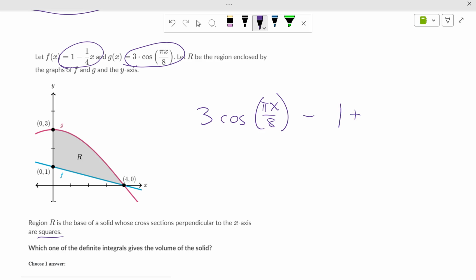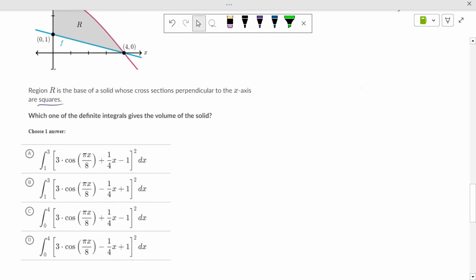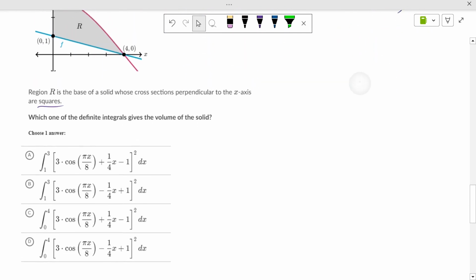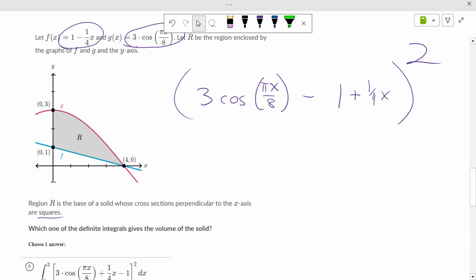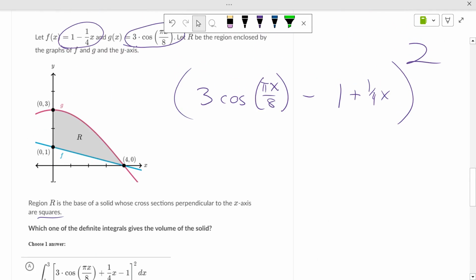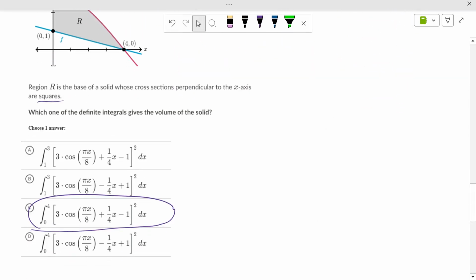So it's minus 1 plus 1/4 x, basically, squared. From 0 over to 4. So it would be this one? Yes, because it's plus 1/4 x squared, and then minus 1.